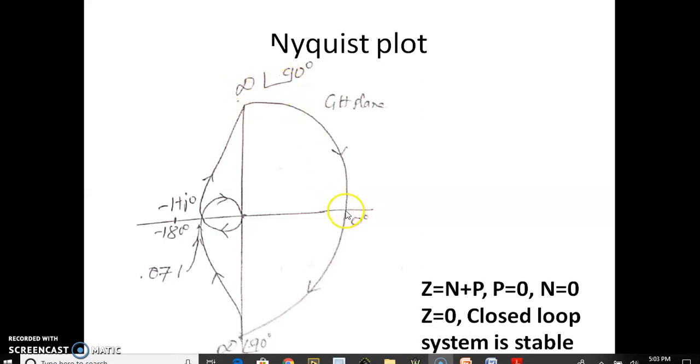It goes down to 0 degree, again with magnitude infinity, and then to minus 90 degree. That's what we saw in the mapping of the fourth segment.